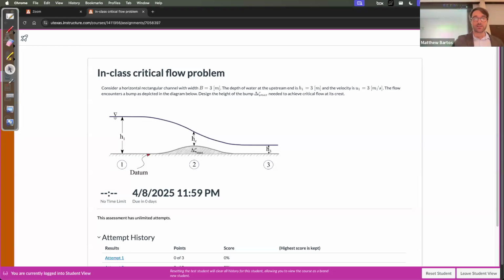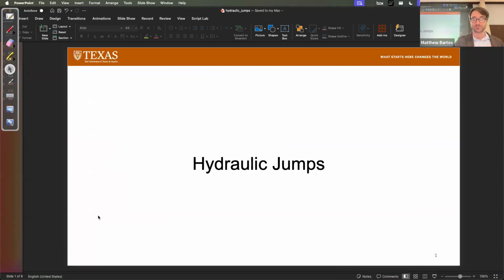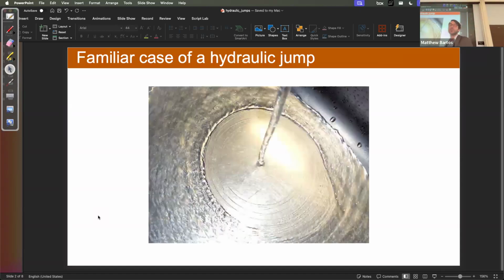So let me give you a quick overview of hydraulic jumps, show you some pictures. So hydraulic jumps, again, what characterizes them is it's a transition from supercritical to subcritical flow. One familiar case of a hydraulic jump that you may see every day but not recognize it is flow from a faucet into a sink.